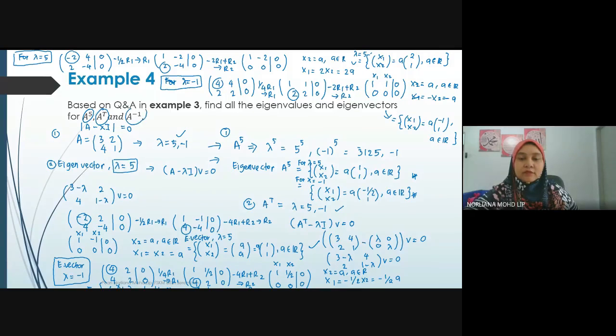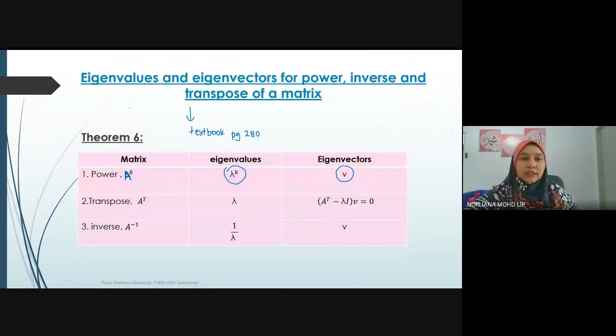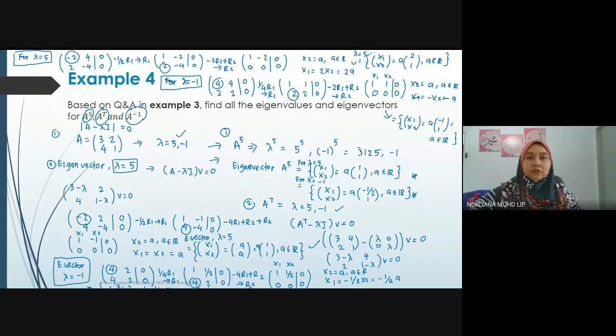Ni A inverse. Okay, the A inverse. Okay, for the eigenvalues for A inverse equal to 1 over lambda. And the eigenvector equal to original eigenvector. So, untuk A inverse tadi, yang ni je lah. Untuk A inverse kan, yang ketiga ni.